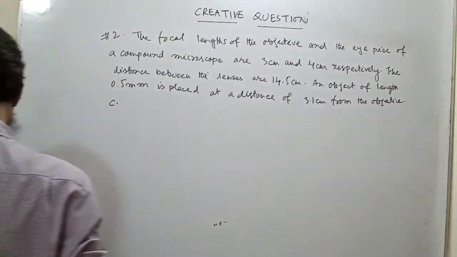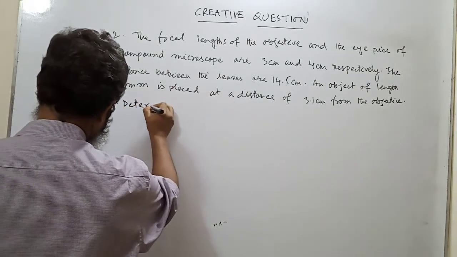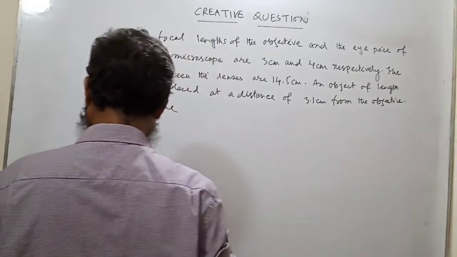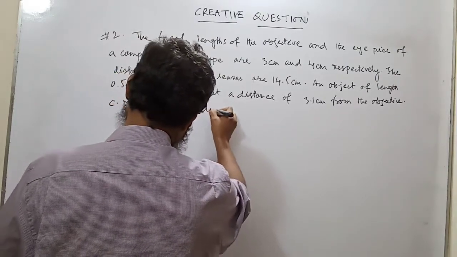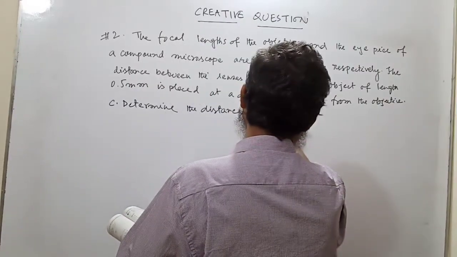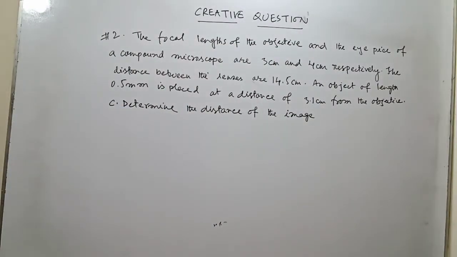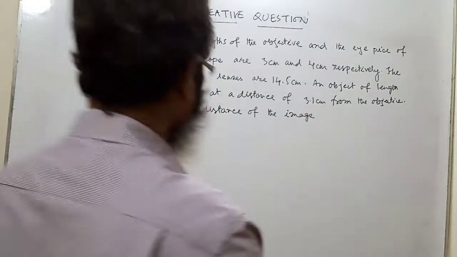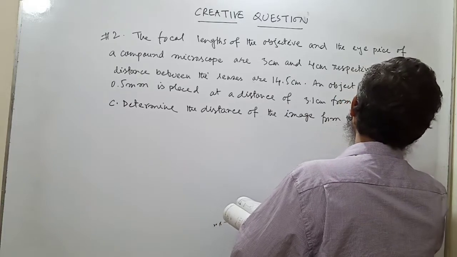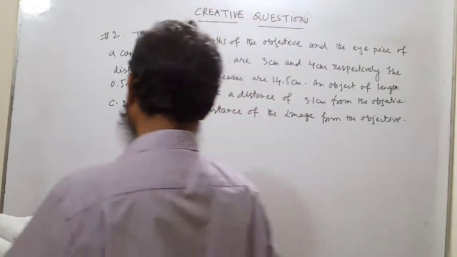Number C, determine the distance of the image from the objective.